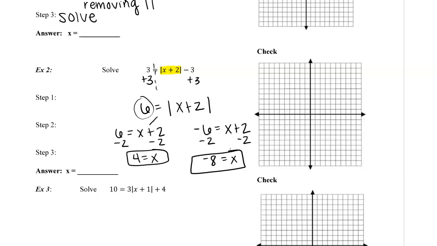Okay, if I were to graph the absolute value, we were graphing the absolute value of x plus 2 minus 3. So my vertex would be at negative 2, negative 3. My slope would be up 1, right 1 to one side.